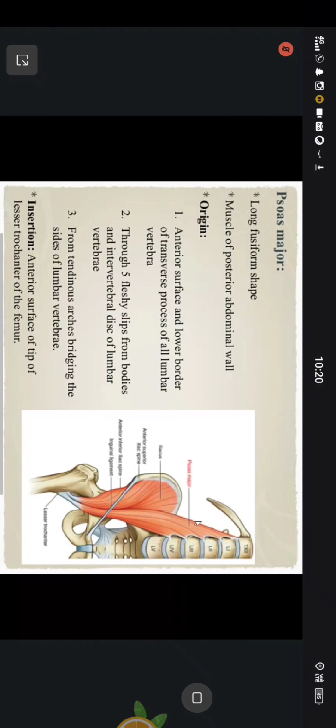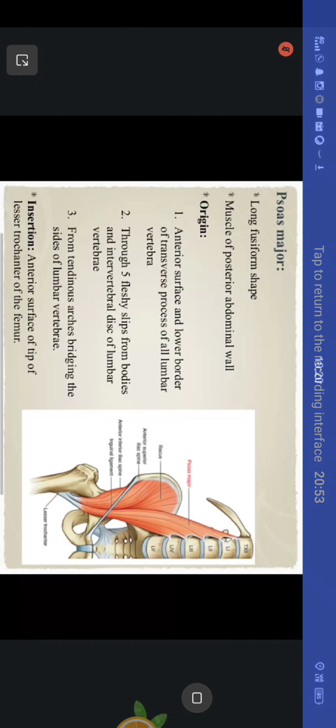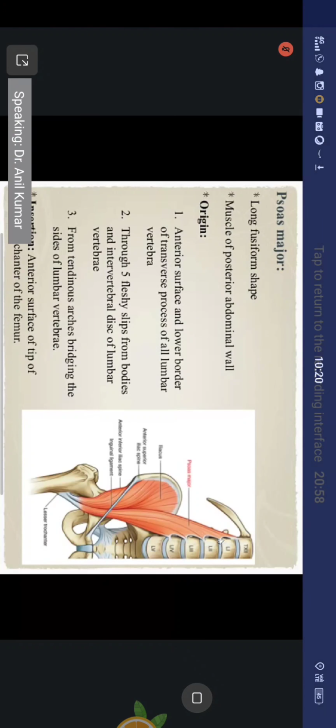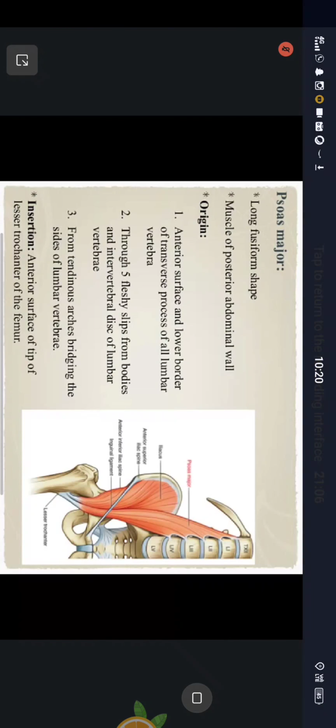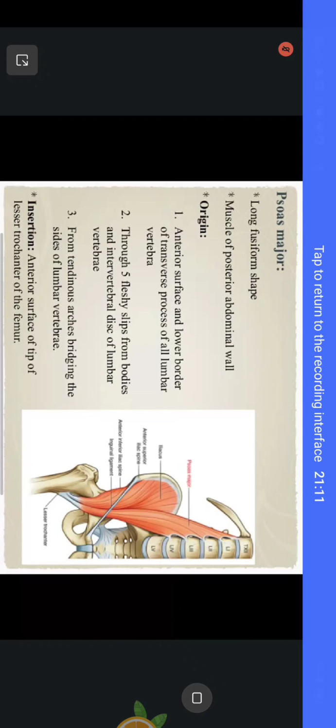Along with that, it arises as 5 fleshy slips. Here you can see them. The first one where I have focused the cursor, first, second, third, fourth, and fifth. 5 fleshy slips from bodies and intervertebral discs of lumbar vertebrae.